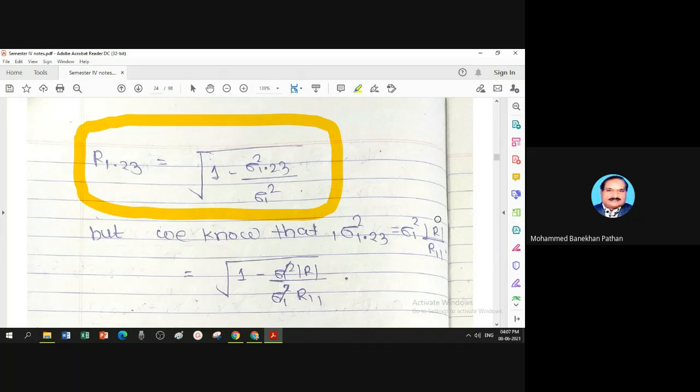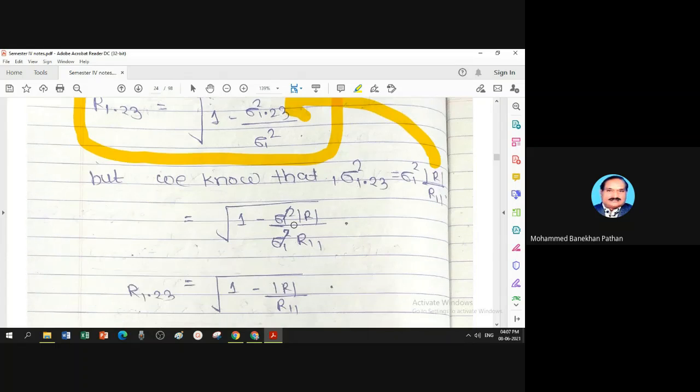I replace this in the sigma square 1.23 place. So what you get is 1 minus sigma1 squared times determinant of R divided by R11. So this sigma square 1 cancels with this.